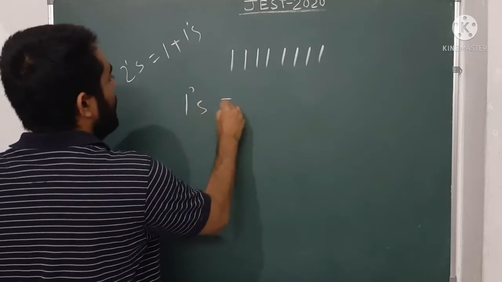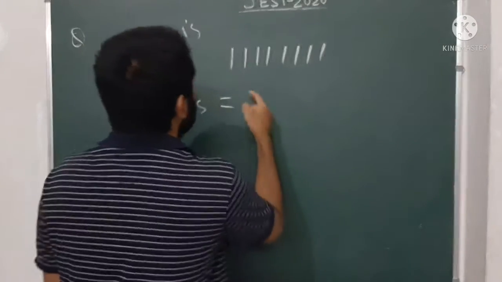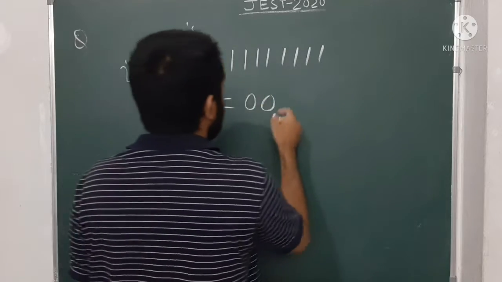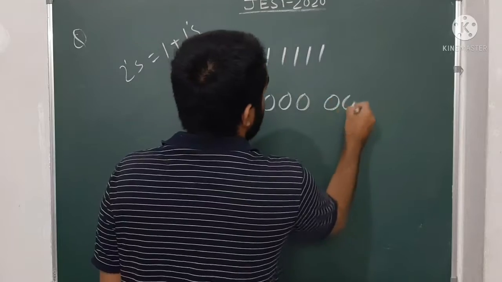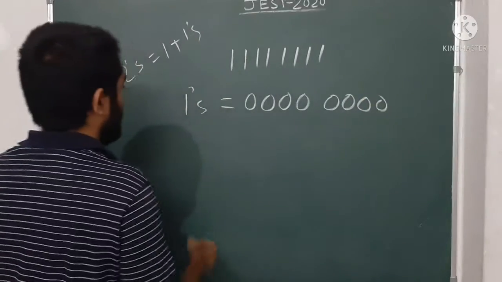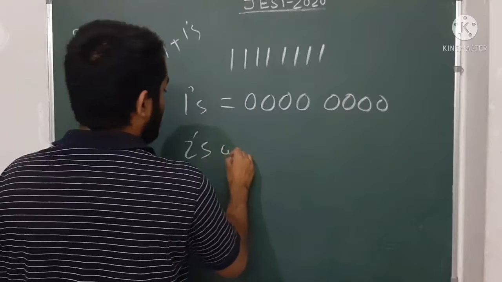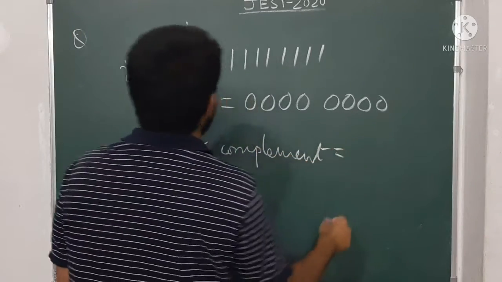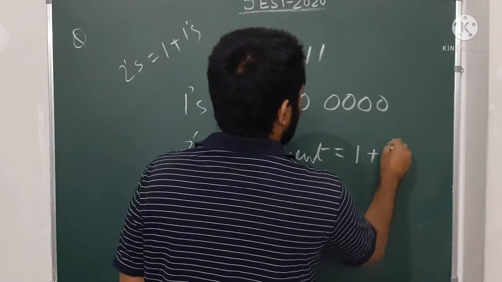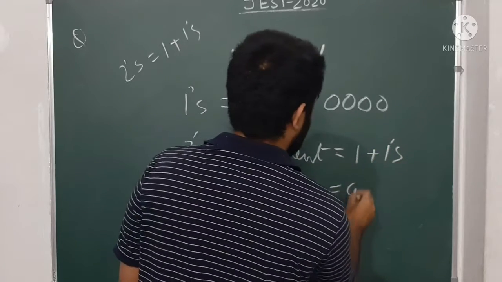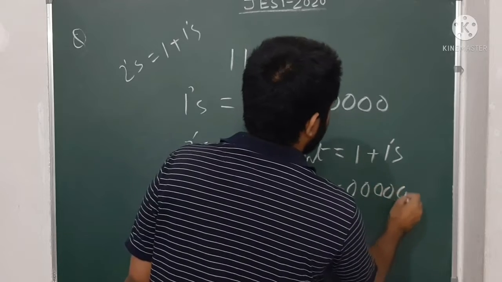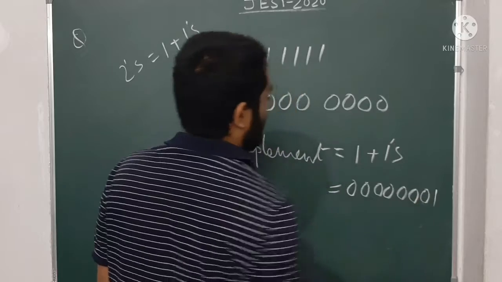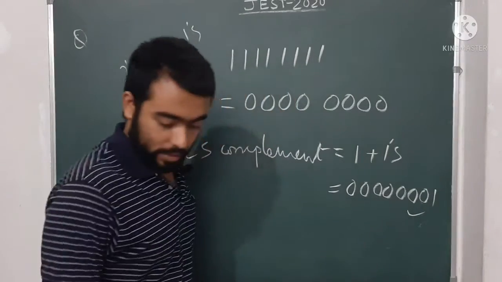So for 1's complement, all 1 goes to 0. Now for 2's complement, 1 plus 1's complement. That means this is the result.